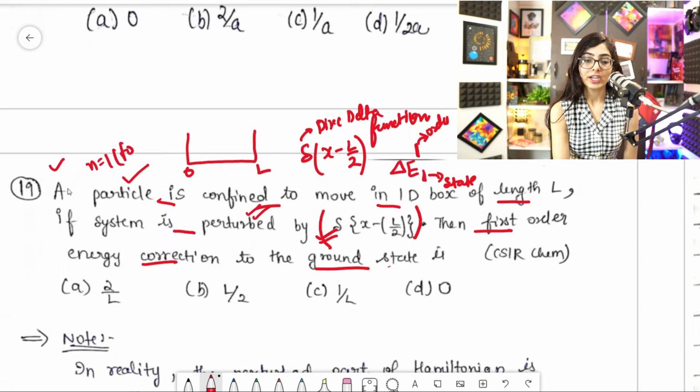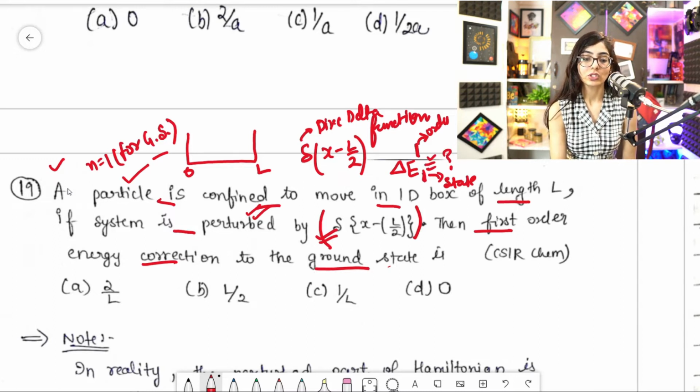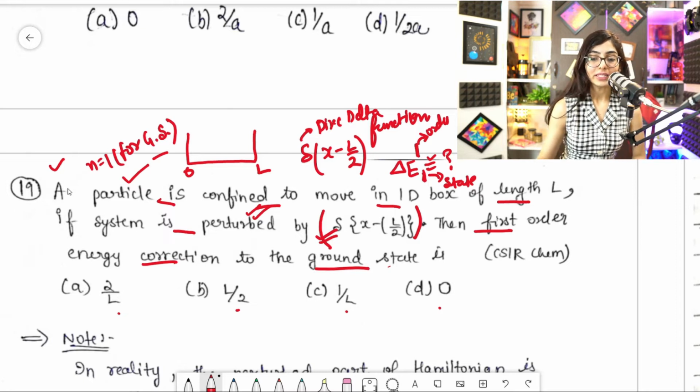So you must be knowing about it. The options are 2 by L, L by 2, 1 by L, and 0. You have to find out what the energy correction will be.